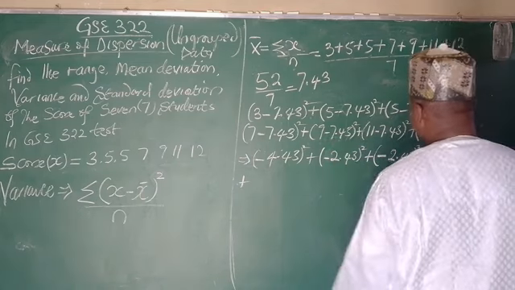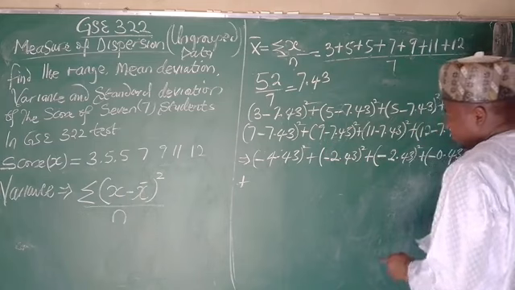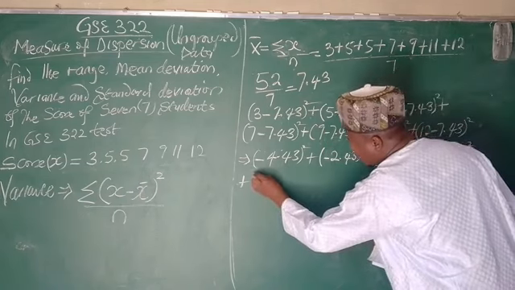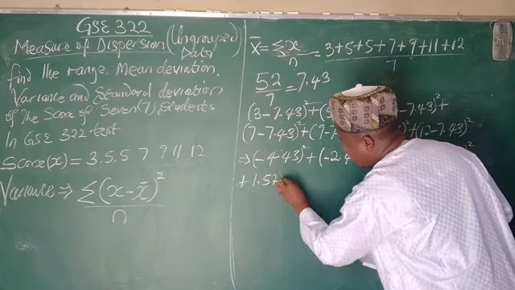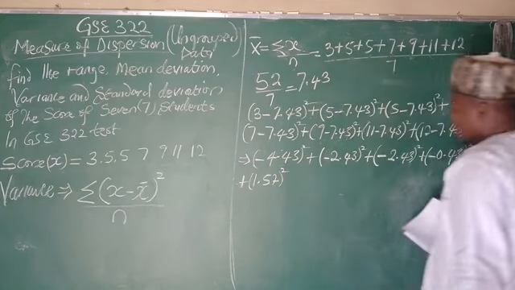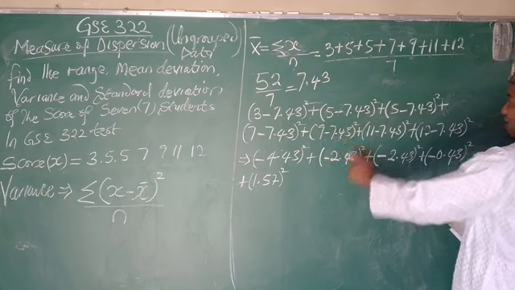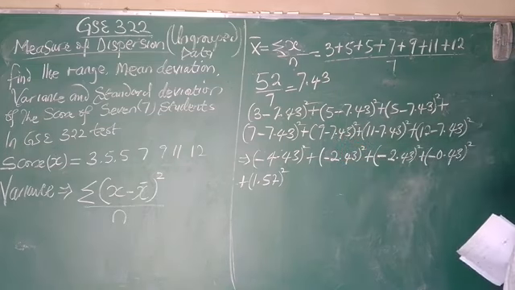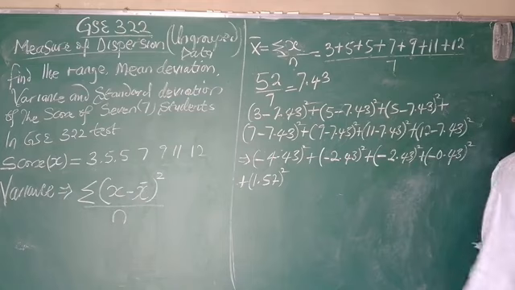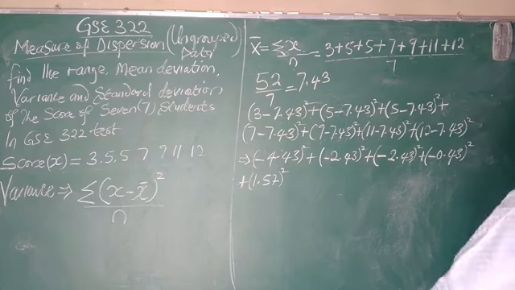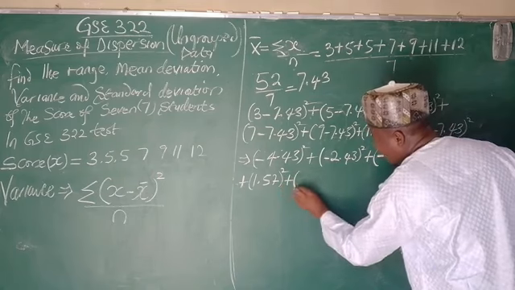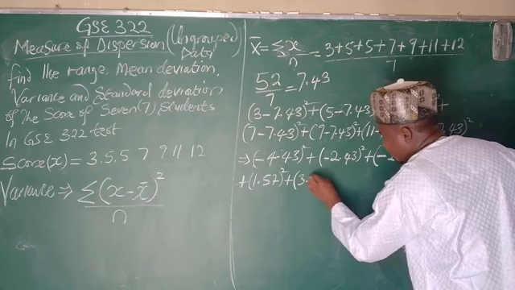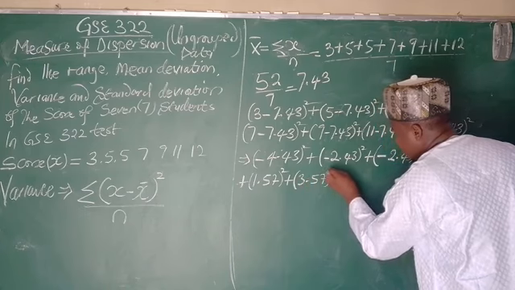This one is going to give us 1.57 squared without minus, because this 9 is bigger than 7.43. Then the next one is 11 minus 7.43 squared. That's 11 minus the mean, which is going to give us plus 3.57 squared.